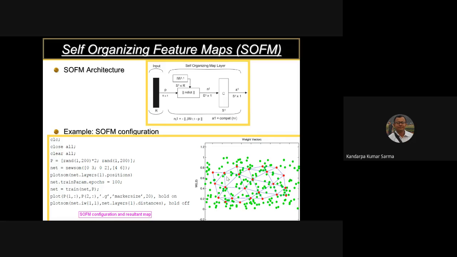The map linking will be creating a network here, and this is the resultant self-organizing feature map.